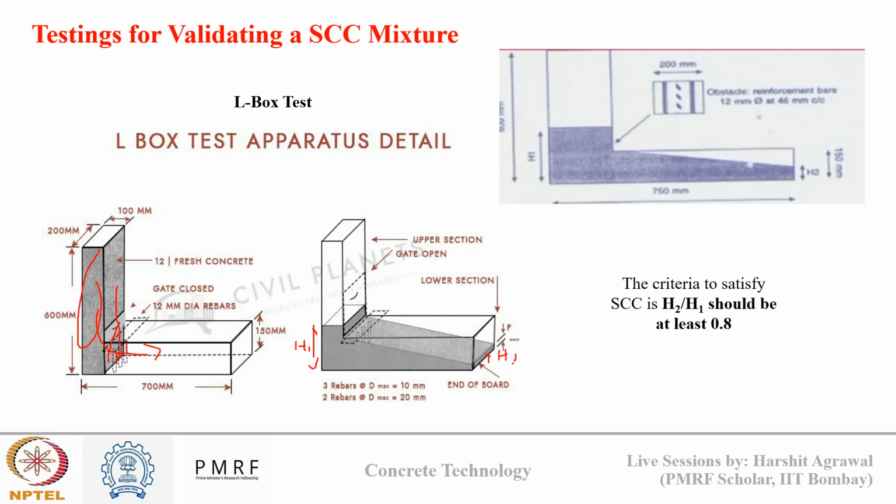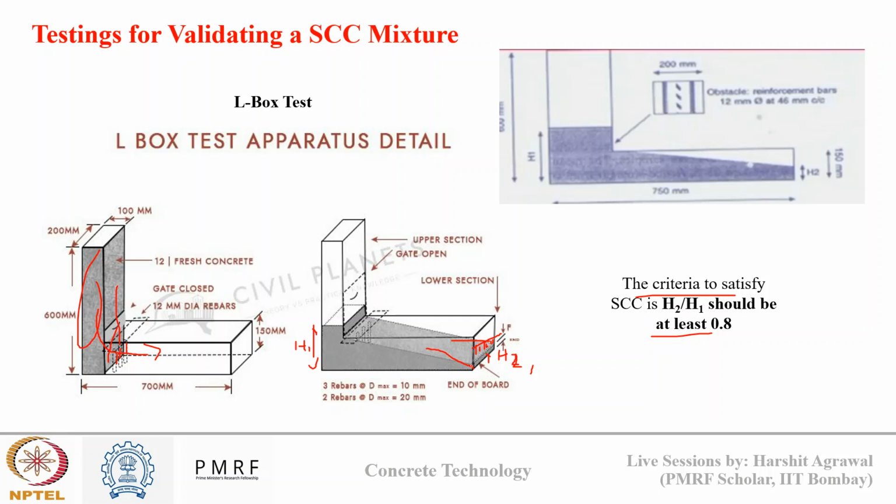The ratio of these will determine the passing ability of the concrete, or help us comment on segregation or bleeding if there is any in our concrete. The criteria to satisfy SCC is that H2 by H1 should be at least 0.8. So it should be like this, not like this. Till here maybe the SCC should be able to fill.